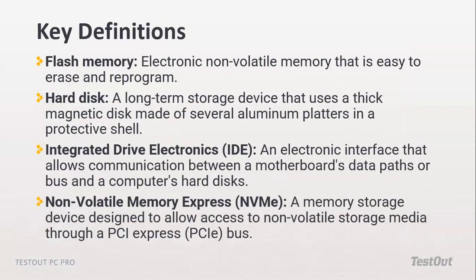So starting with flash memory, Zidane, help us read the first three. Just take your time and read the first three definitions. We have flash memory: electronic non-volatile memory that is easy to erase and reprogram.